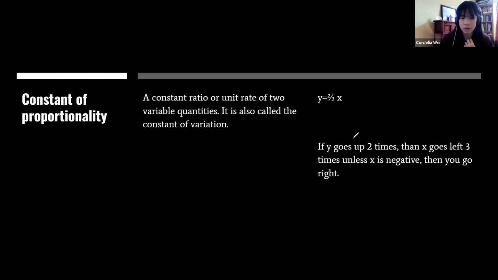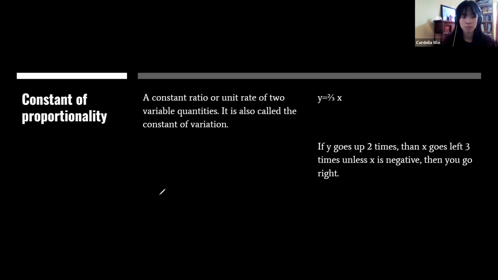Y goes up 2 times, where you multiply it by 2, then x goes left 3 times, unless x is negative, then you go right. So in this case, we're thinking of it on a coordinate plane and not in just numbers.